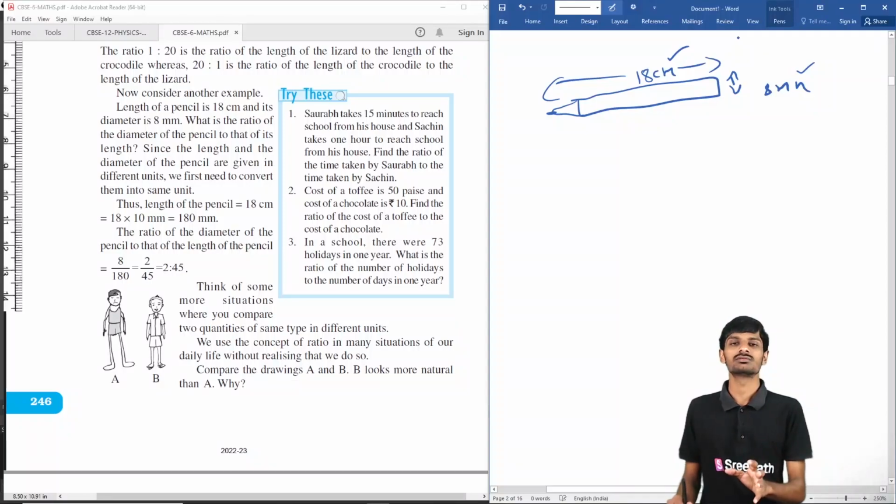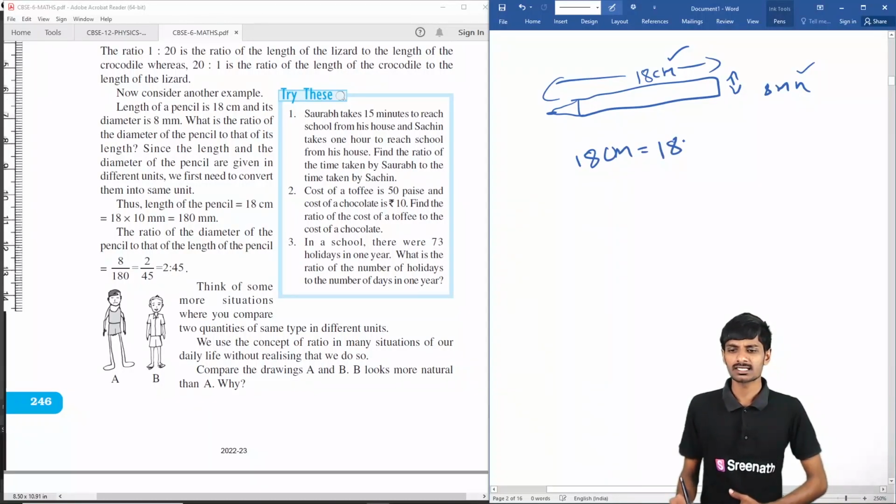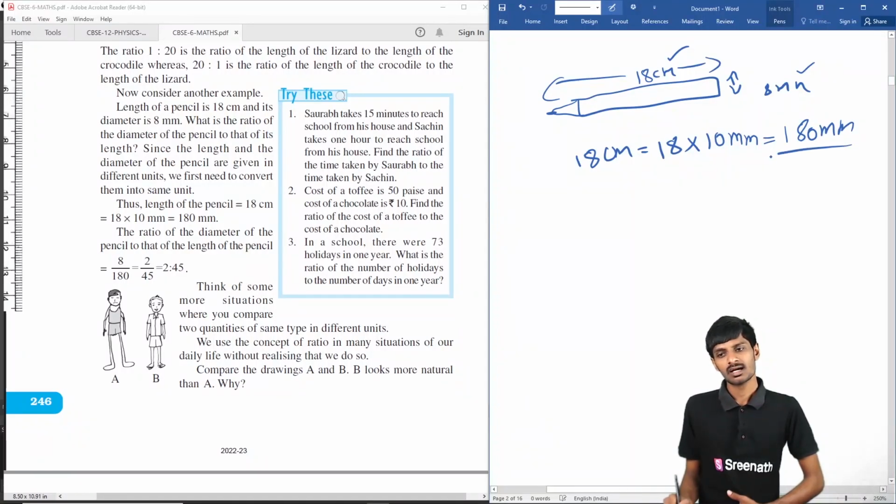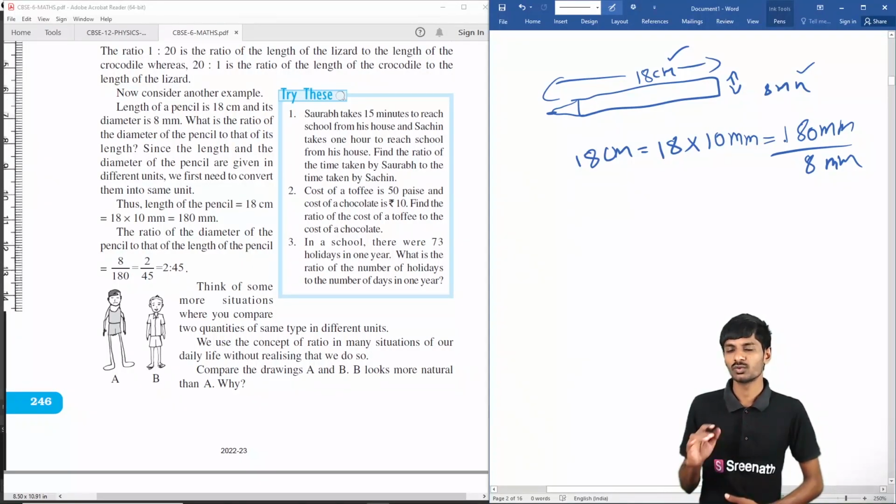So you have to convert them into the same units. If you want to convert them into millimeters, 18 centimeters, and 1 centimeter is 10 millimeters. So 18 into 10 millimeters, it is 180 millimeters, divided by 8 millimeters. Now both are in the same units.